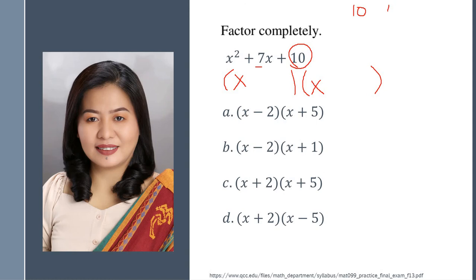That's 10 and 1 and 5 and 2. So between the two, only this part gives you a sum of 7. So that's 2 and 5. And your clue for the signs would be this is positive and the third term is also positive. It means that you will have to have positive signs. So going over the choices, our answer is C.